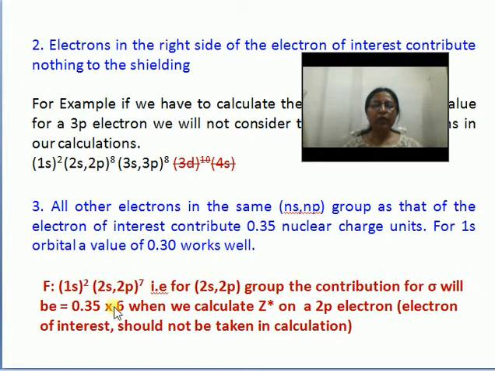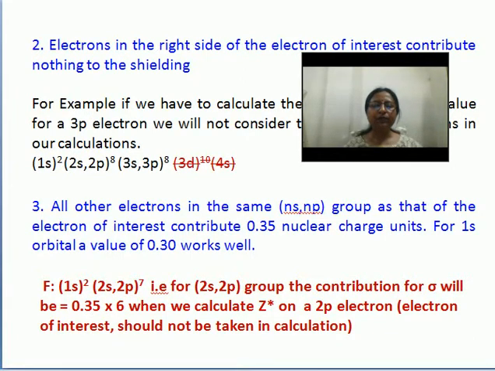That's why we will be taking it as 6. And Slater rule tells us that this is the NS-NP group, so the other electrons, that means the 6 electrons, will contribute 0.35 value.